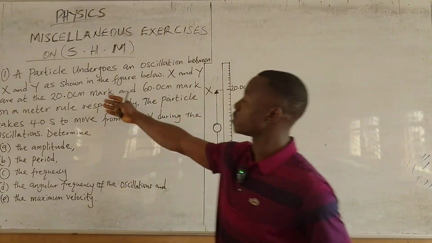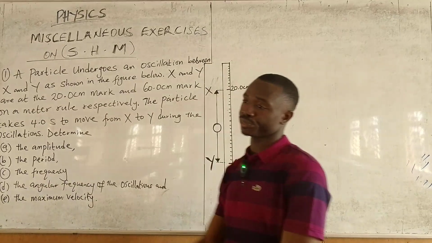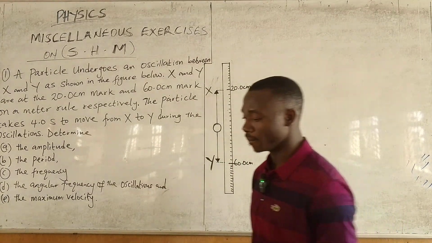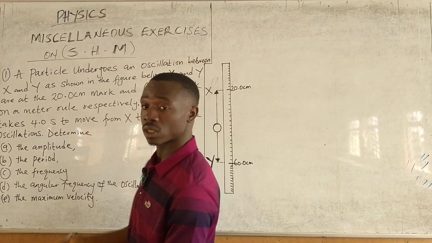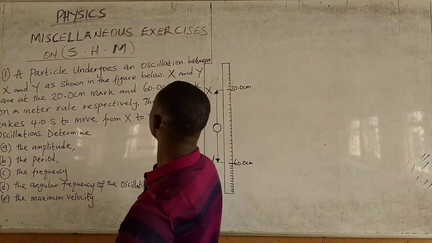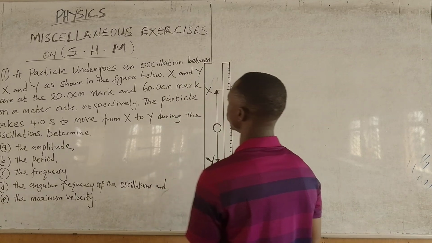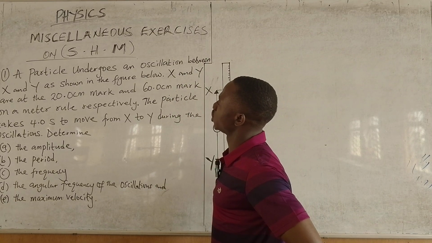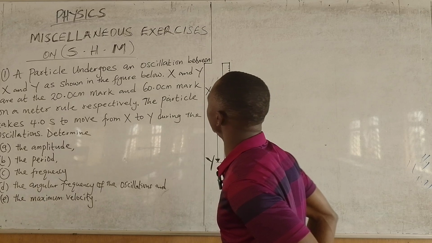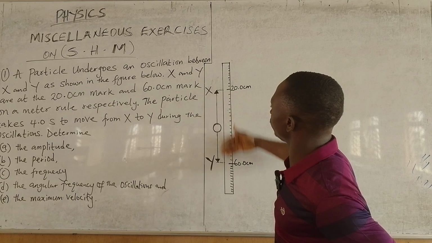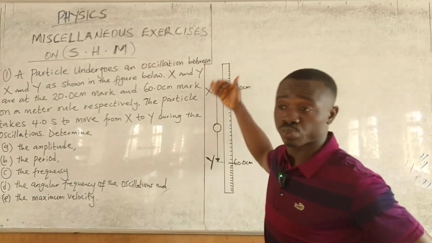So this is one of the examples I'm going to be solving for us today. The question says, a particle undergoes an oscillation between x and y as shown in the figure below. Anyway, figure beside, this is the figure they are talking about.